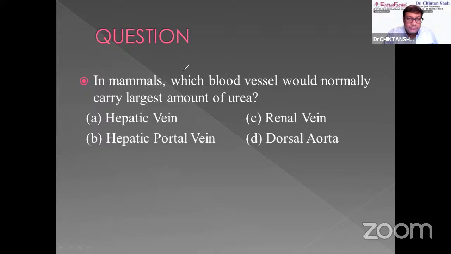Welcome, Vishal. 44. In mammals, which blood vessel would normally carry the largest amount of urea? Please write down about the 43, perfect, and then only come on the 44. 44 is one of my favorites. I created this very consciously. So Damya is perfect, Ritu is perfect, Vishal is also perfect about 43.